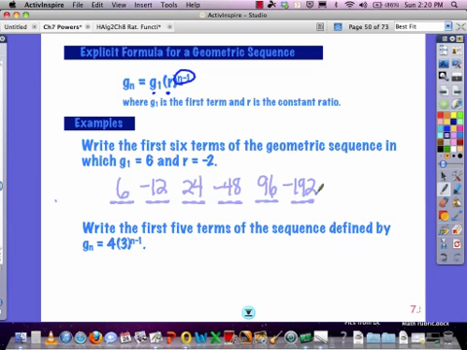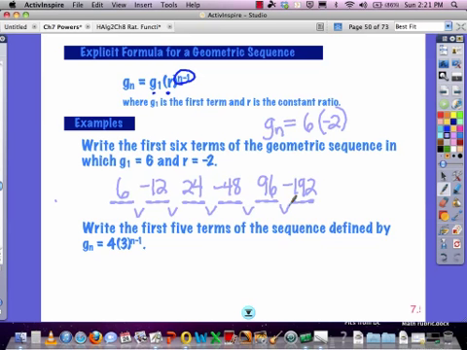So all we needed was the G sub 1 term and an R value to write the sequence. We should also be able to go back up, just as a quick review, and write the equation. G sub n, any term in my sequence, should equal my first term, which was 6, times R, negative 2, to the power of how many multiplications. How many multiplications did I really do? I have 6 terms here, but look at my little check marks.